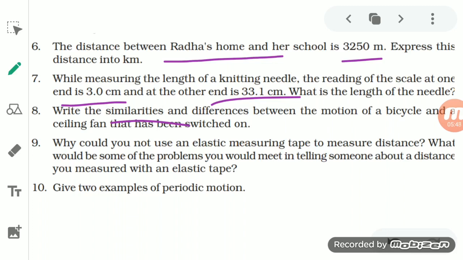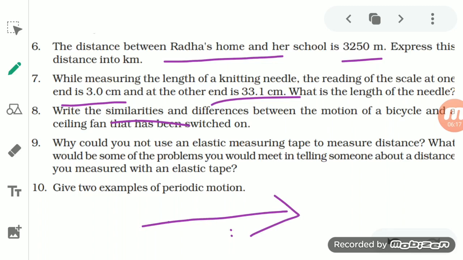Differences: the difference between the motion of a bicycle and that of a ceiling fan is that the bicycle has a linear motion also as it moves forward, while the ceiling fan does not have linear motion. So you see here, student, a bicycle moves on a straight road. So it possesses a linear motion, or we can say it has a rectilinear motion also.